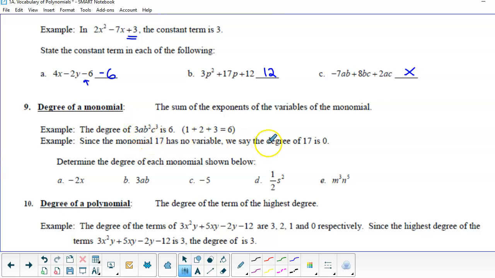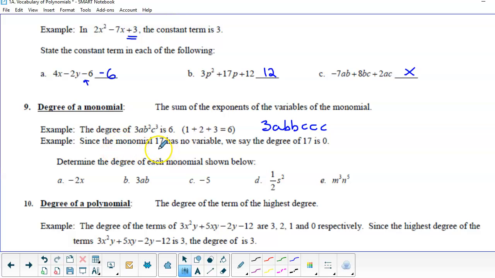So here, if I were to show this expression without exponents, it would be 3a, b times b, and then times c, times c, times c. So how many variables are multiplied together? 6. 1 a, 2 b's, and 3 c's. So the degree is 6.